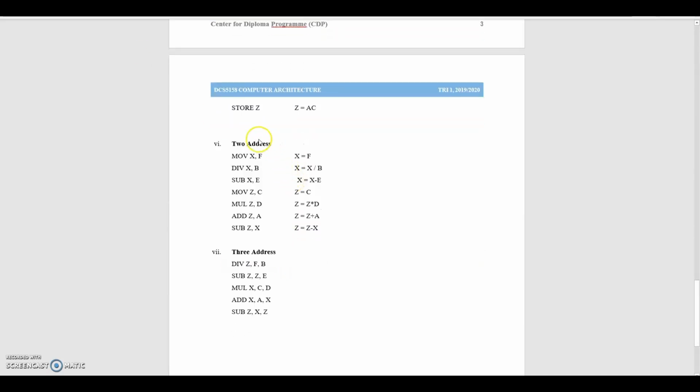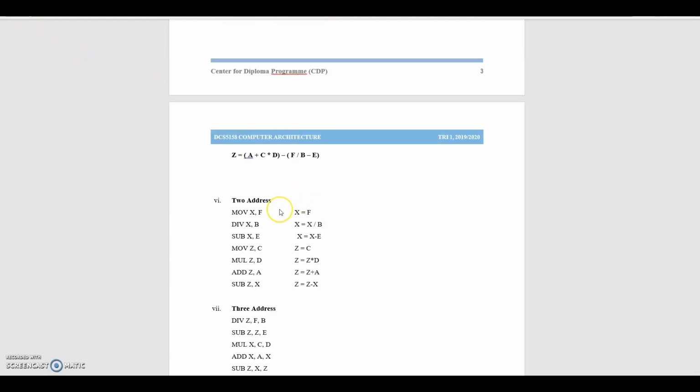Next is two address. Okay, the two address is much simpler. So we no longer use the accumulator. We straight away use a temporary storage, which is X. So we will store in X. We start from behind this time.